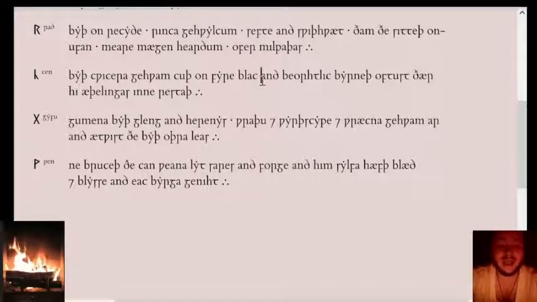Blac. It looks like the word black, like the color black. Black in Old English is blaec, B-L-ash-C, see? Often it's also sweart. Sweart is pretty common as well, maybe even more common than blac even. But blac with a long A, or sometimes it's blaec with a long ash, means shining or pale.